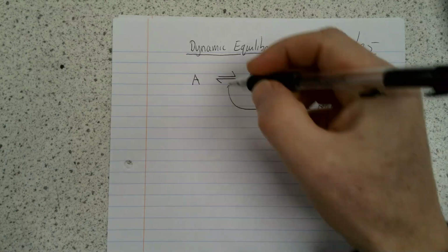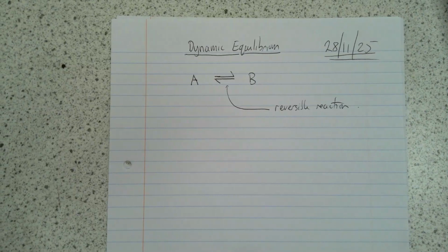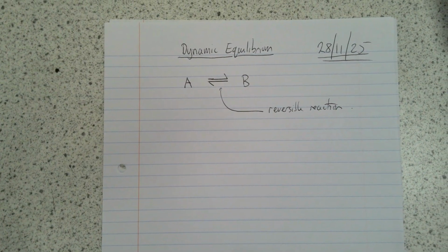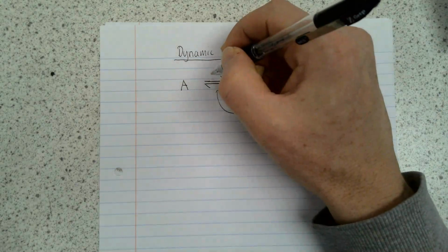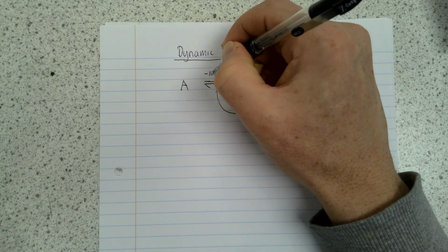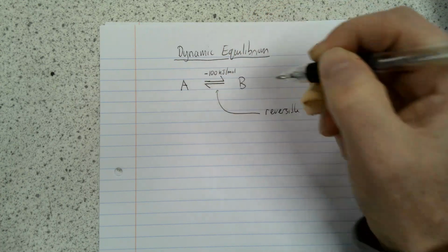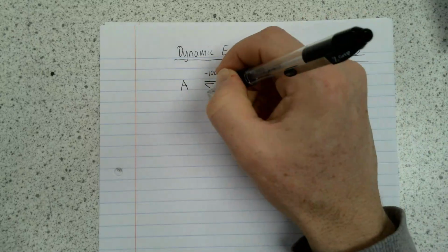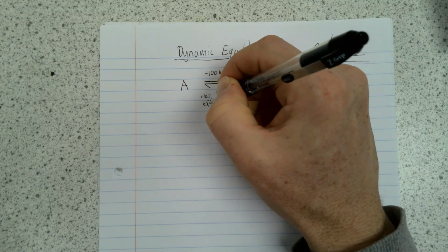We also learnt when we were talking about that, since we've been doing a bit of revision again this morning of the energetics topic, that if the forward reaction is exothermic, the reverse reaction must be endothermic. But even more specifically than that, if the forward reaction is exothermic, say it's minus 100 kilojoules per mole, the reverse reaction must be endothermic and it'll be plus 100 kilojoules per mole.